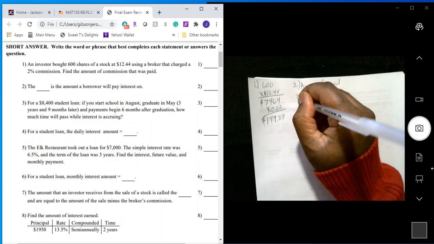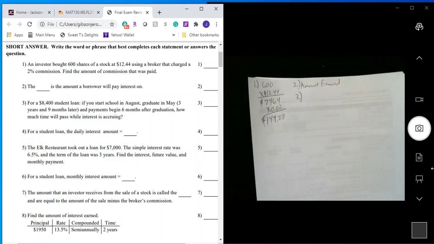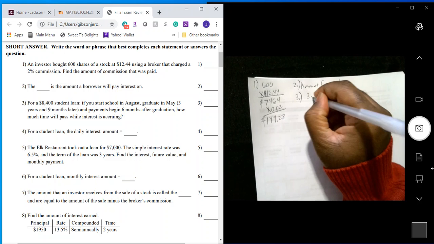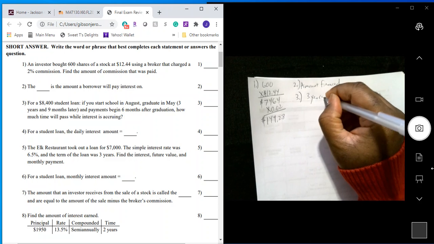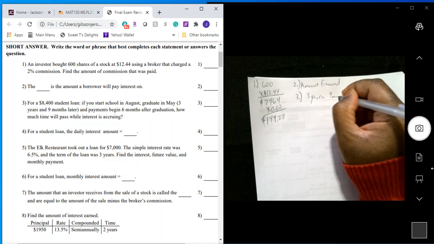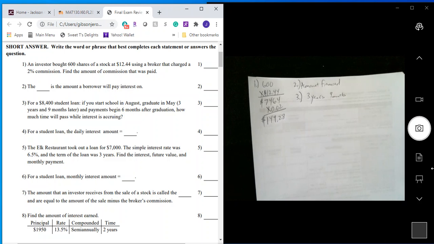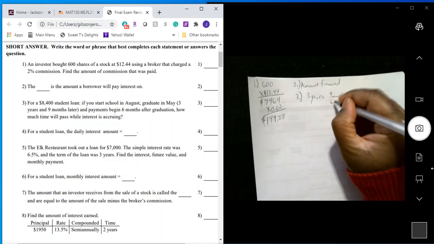Okay, number 3. It says for a $8,400 student loan, if you start school in August, graduate in May, 3 years and 9 months later, and payments begin 6 months after graduation, how much time will pass while interest is accruing? So again, you got 3 years and then 9 months. But remember, the payments don't start until 6 months later.